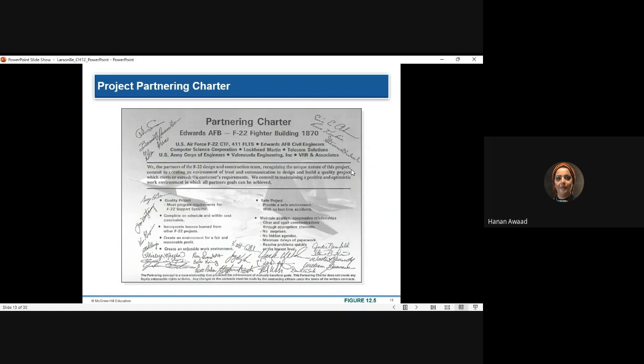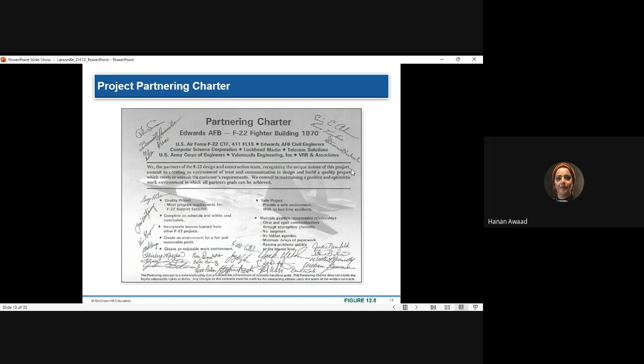Like the project, we might create a charter for this function specifically. That's why I told you sometimes we deal with procurement as a project within the project. And we create a procurement management plan that includes the risks associated with the procurement.